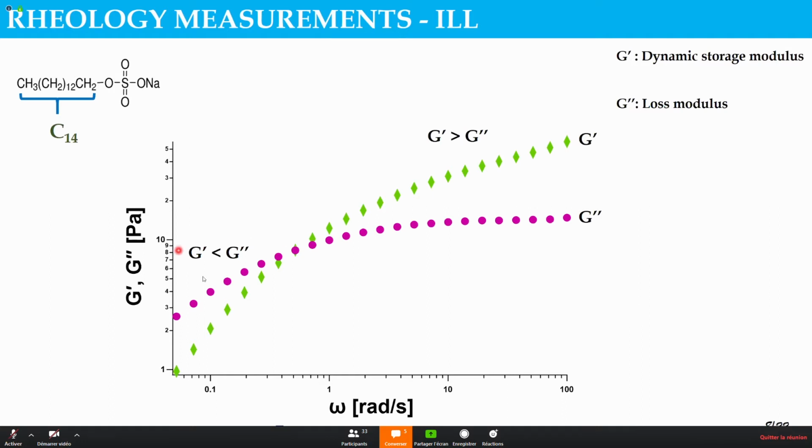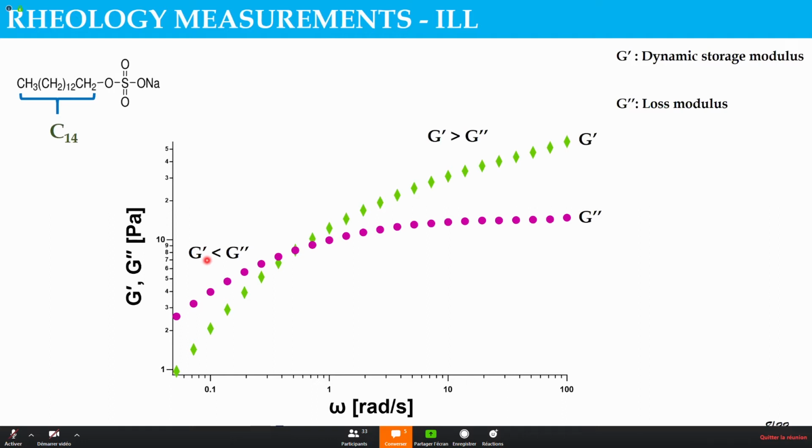But when we are here, and so G prime is less than G double prime, the force that we are applying is higher than the force in the microstructure. And so the mechanical energy that we give to the material is dissipated, the material flows, basically it behaves like a liquid.